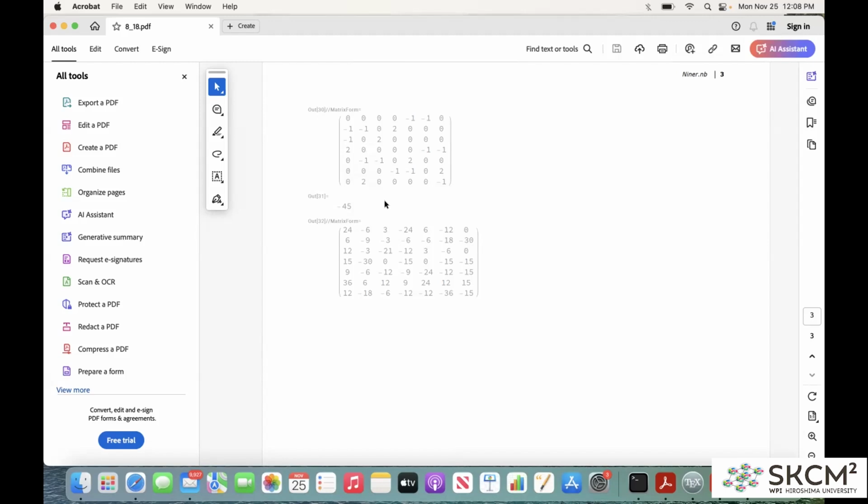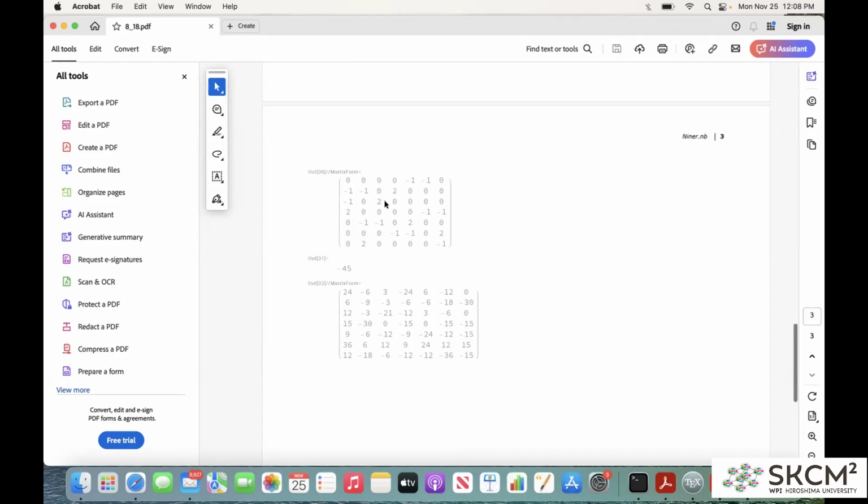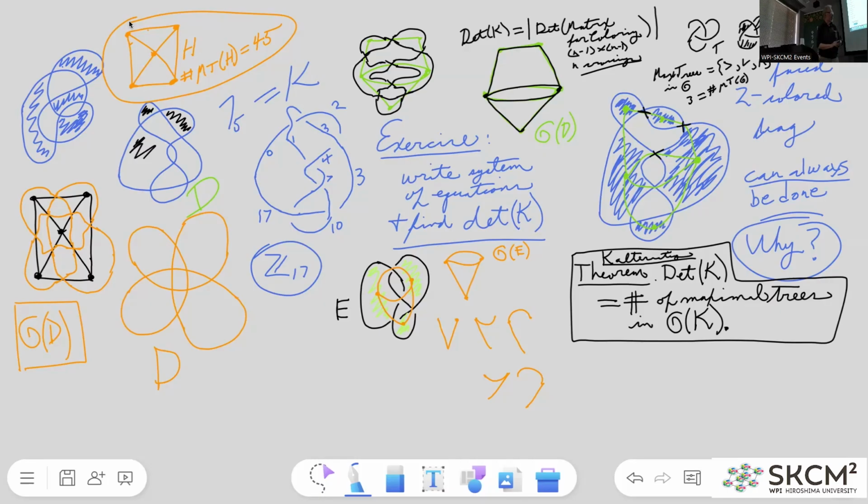And then what's this other thing? Well, remember what we said, right? We said that if you had M, the matrix, then if you multiplied it by what I call the adjoint or adjacent matrix, then we would get the determinant of M multiplied by the identity matrix.